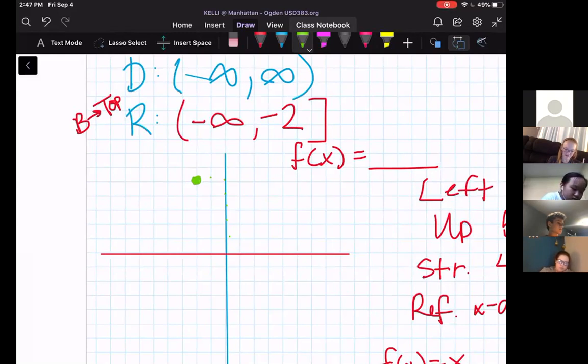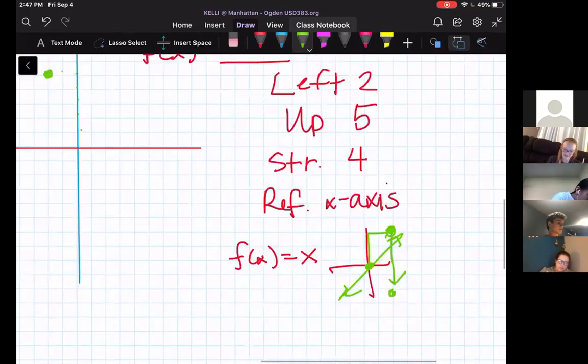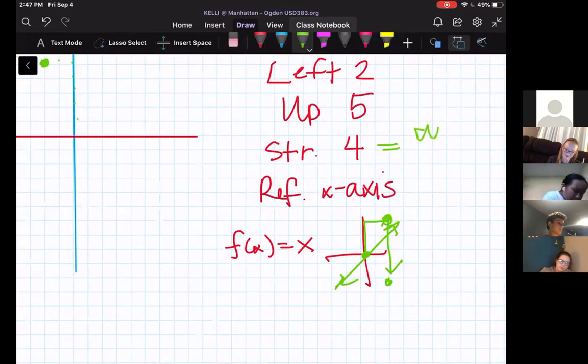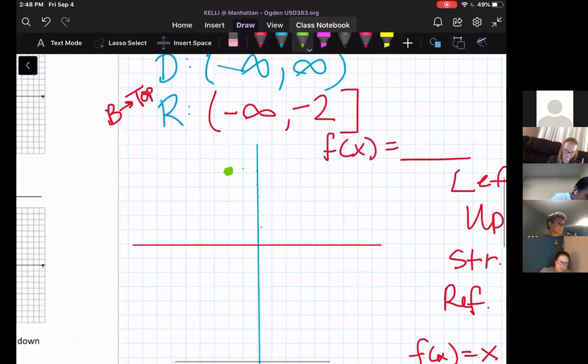The slope is rise over run, and since this is linear, we're going to go up 4, right 1 from that point.